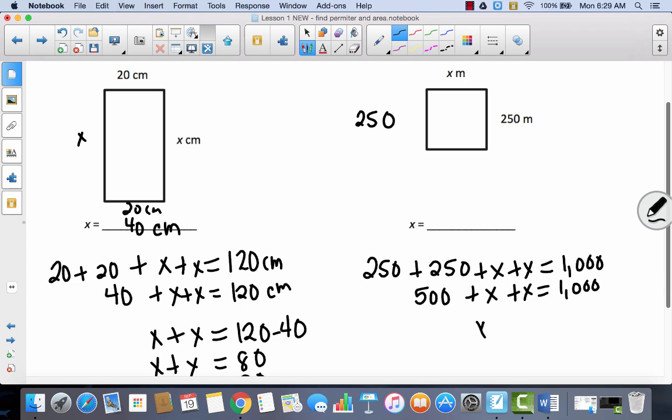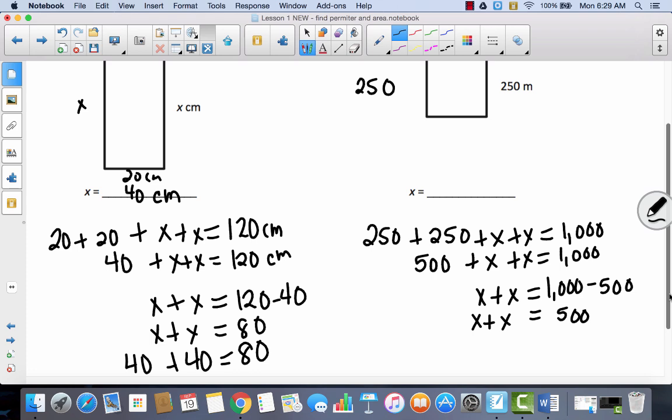So now I have x plus x is equal to 1,000 minus 500. This is going to leave me with whatever x plus x is. Well, 1,000 minus 500 is equal to 500. Well, what plus what equals 500?